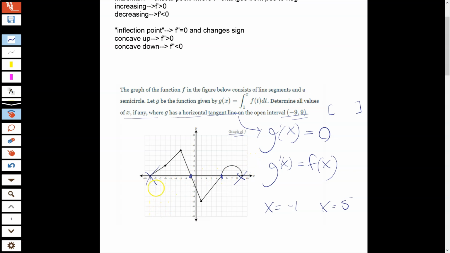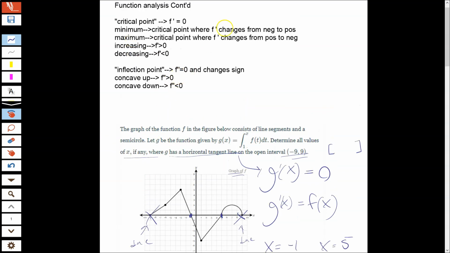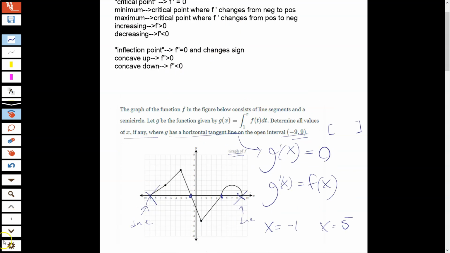So the derivative does not exist there and does not exist there. So we only want to include those 2 middle points. Well, that's all we're doing. So we're interpreting what it's asking us for based on these definitions and then finding the points where those are true. We'll look at a couple more examples, but that's pretty much the whole lesson.